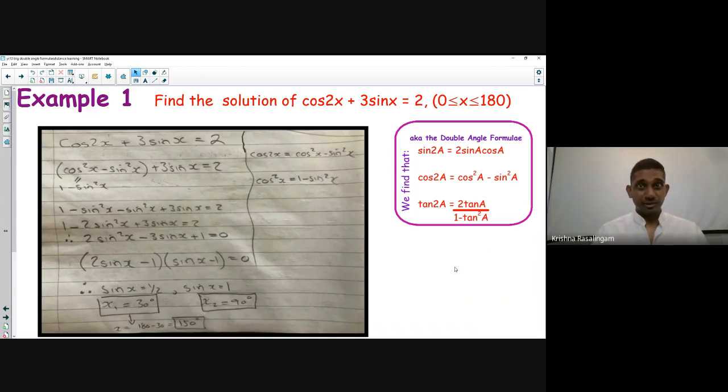So you can check out the periodicity video if you're not sure of this. It's on the website, razmaths.com. But sine is periodic: sin θ equals sin(180 minus θ). So therefore, 180 minus 30 is 150, and that gives us our third solution. Obviously, 180 minus 90 is still 90, so we don't get a fourth solution.